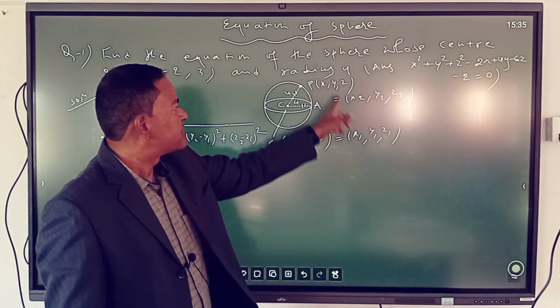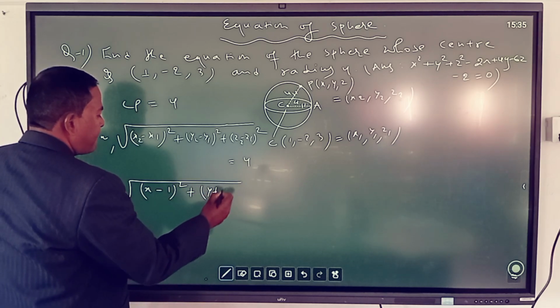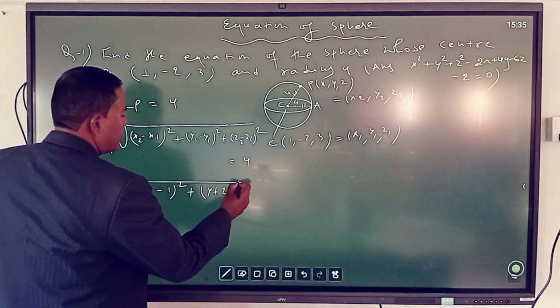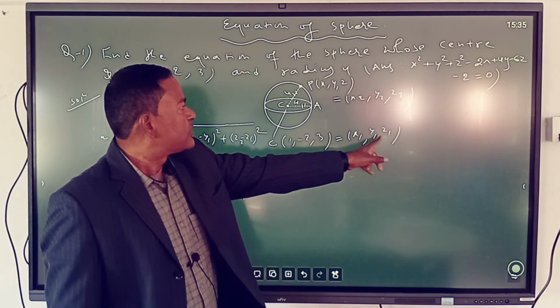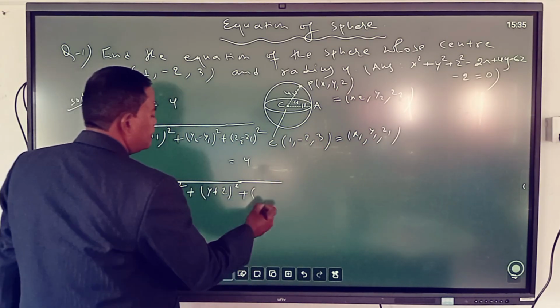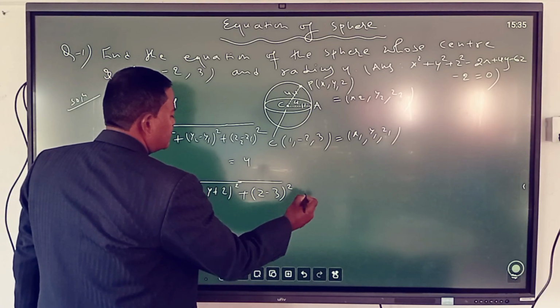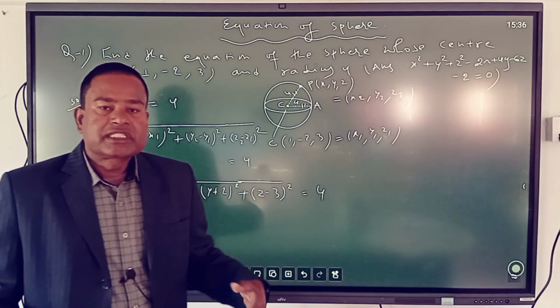Y2 minus y1 means y minus minus 2, so y plus 2, plus z2 minus z1. Z2 minus z1 means z minus 3 whole square equals to 4.